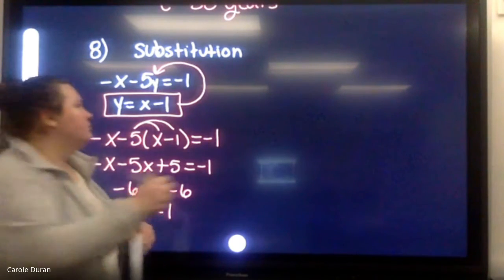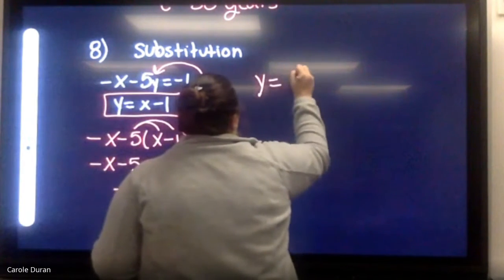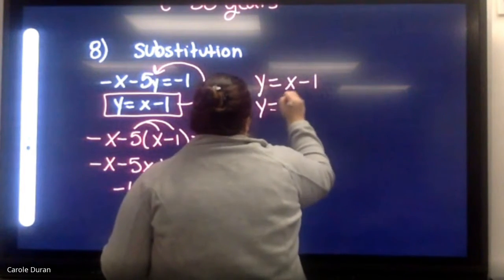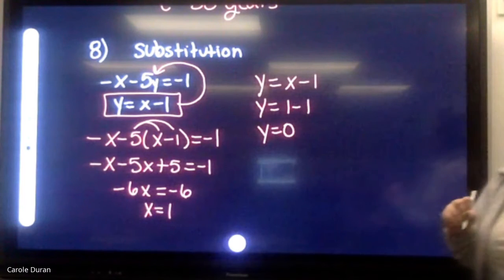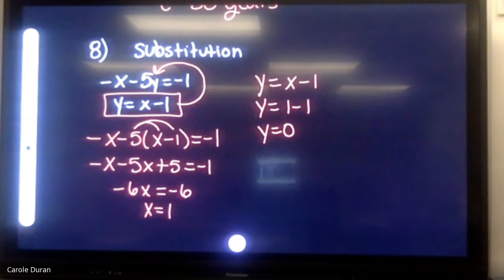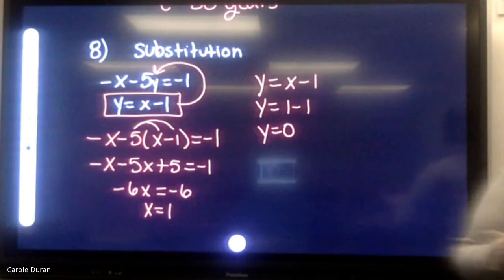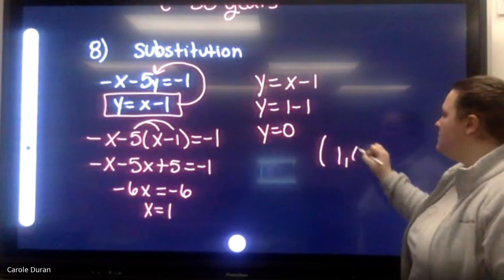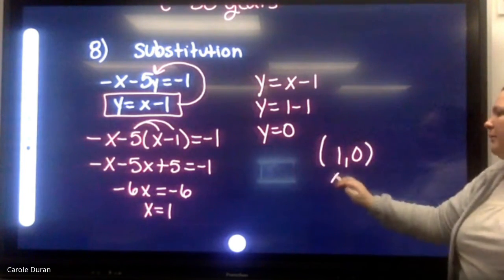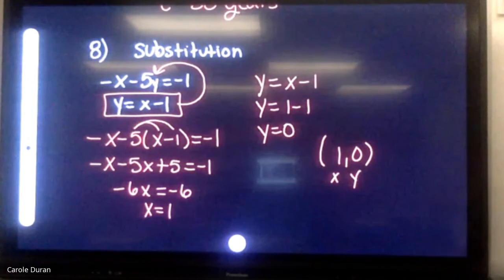So when I do, I get y equals 1 minus 1, which means y equals 0. How do I write the solution to a system like this? 1, 0. As a point with my variables in alphabetical order. So x comes before y, which means my solution point is 1, 0. If you can't remember, it helps to put the variable underneath each of its respective answers.